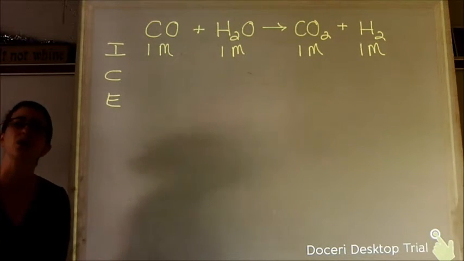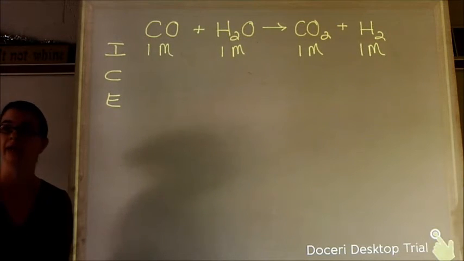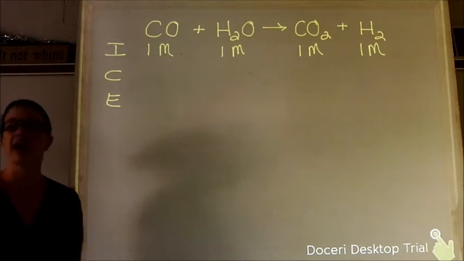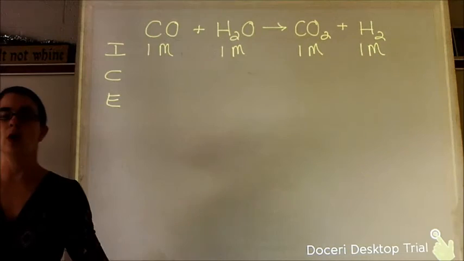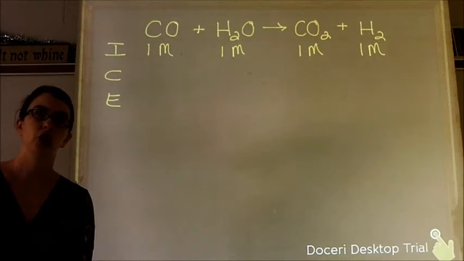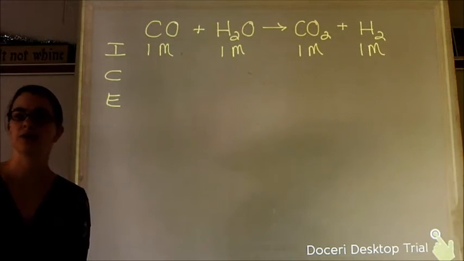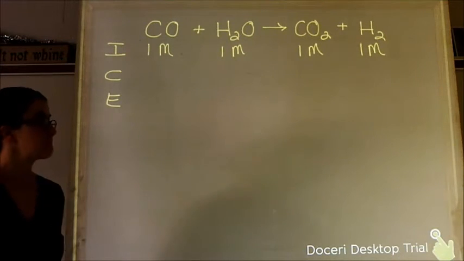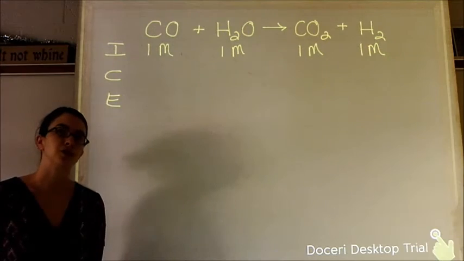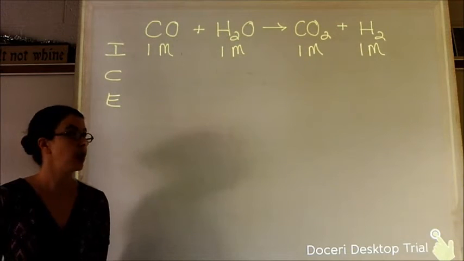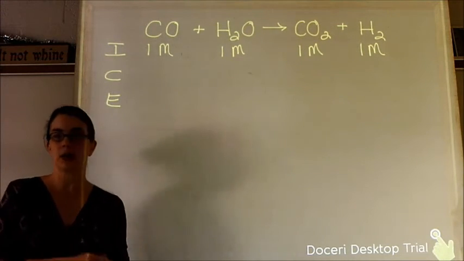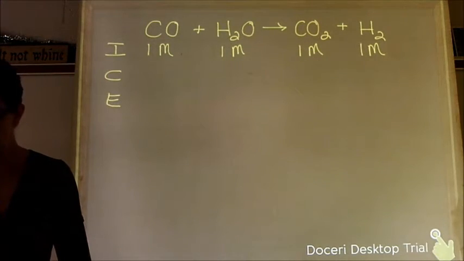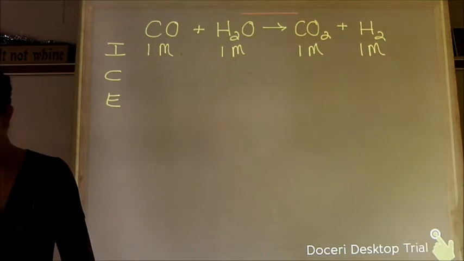What is Q equal to? 1. Well, the K value was 5.1. Q is less than K. So what does that mean? Shift to the right. Yeah, we need to make more product. I'm going to shift to the right.